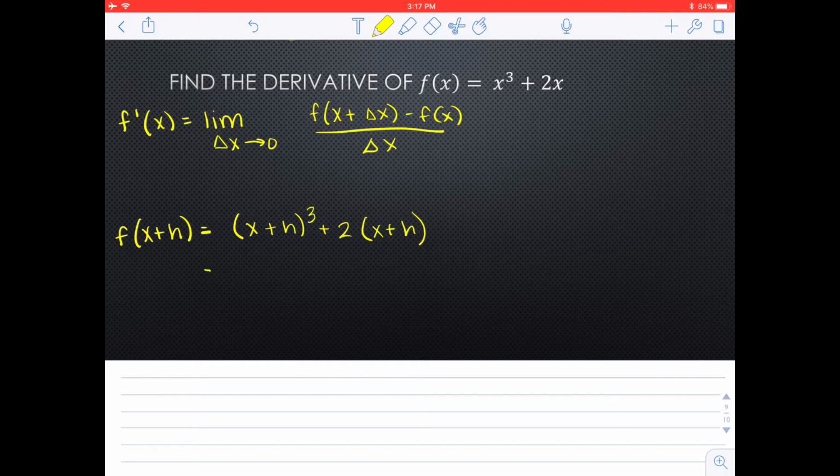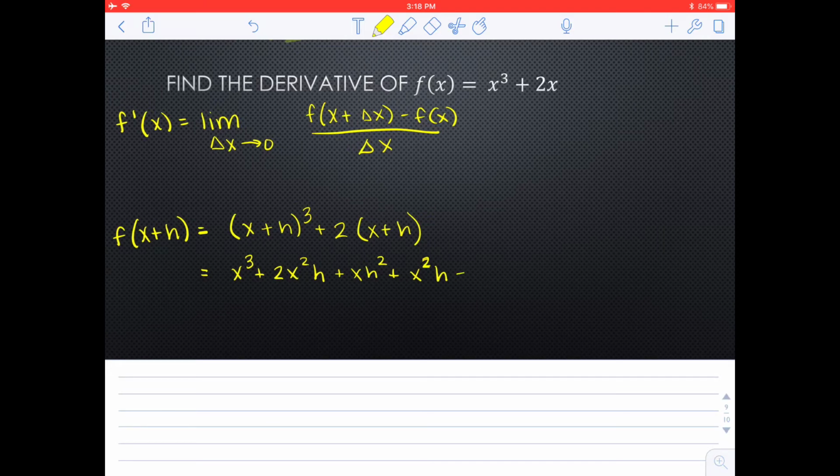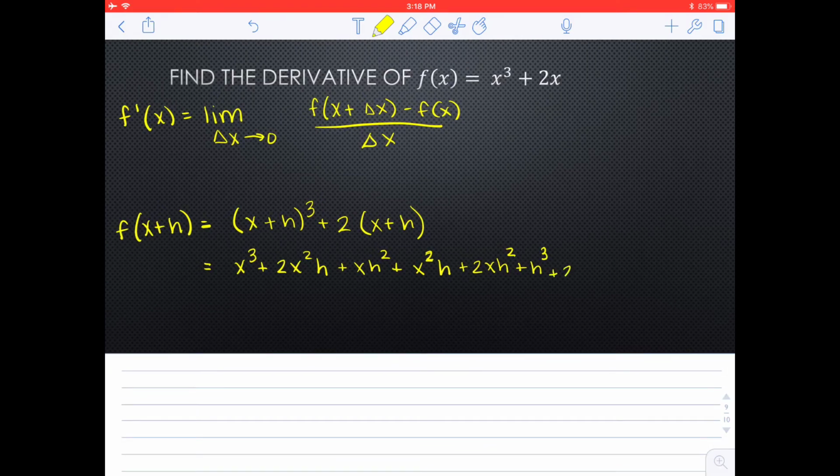So you should end up with x cubed plus 2x squared h plus xh squared plus x squared h plus 2x h squared plus h cubed plus 2x plus 2h.